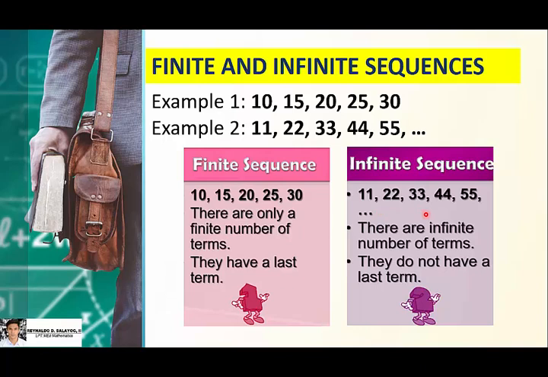We cannot count it because it has no last term. And that is actually the opposite of what we call finite sequence. A finite sequence has a last term, but an infinite sequence has no last term, and we cannot count its terms. So that is the concept of finite sequence and infinite sequence.